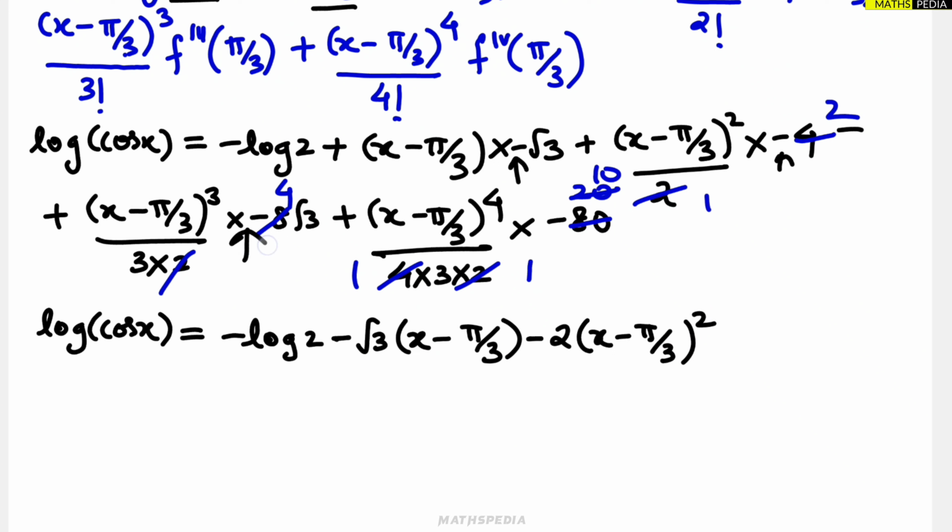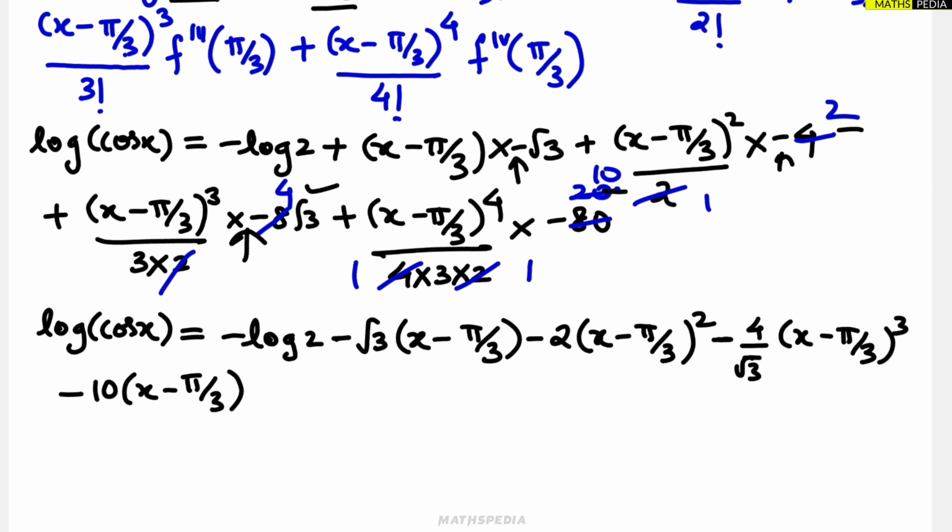Then here also a minus sign is sitting, so minus 4 by root 3, right, 4 was there, root 3 into x minus pi by 3 whole cube. And the last term, minus 10, is left out. So 10 into x minus pi by 3 power 4, divided by what is left out, 3. So this will be the final Taylor series.